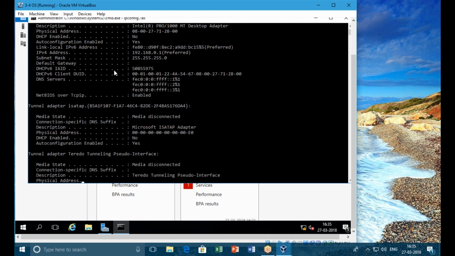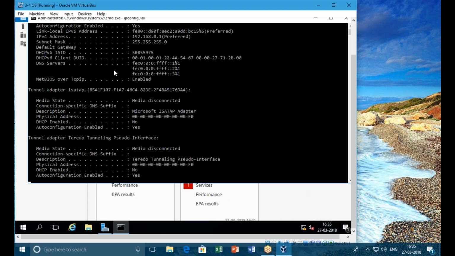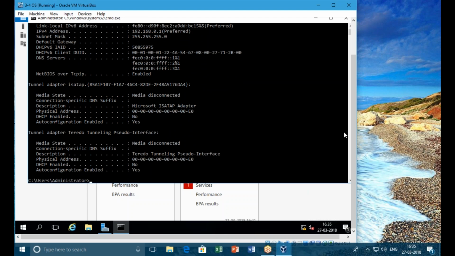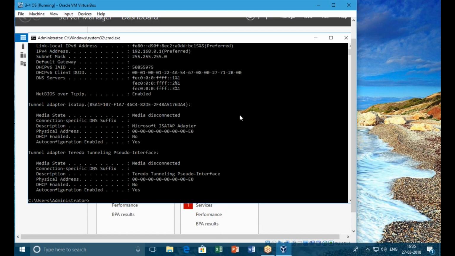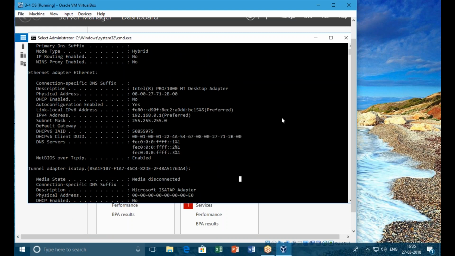Yeah, I will show. Oh, it's coming up with media disconnected. But usually when we log into the laptop and give ipconfig /all, it comes up with the physical address, not only for the Ethernet adapter but also for the other adapters at the bottom.